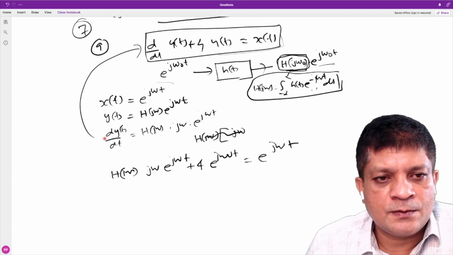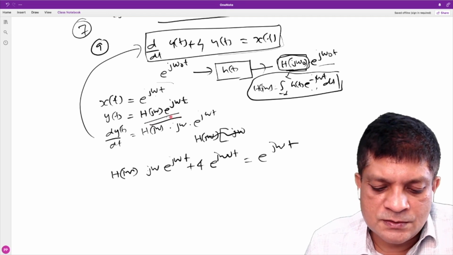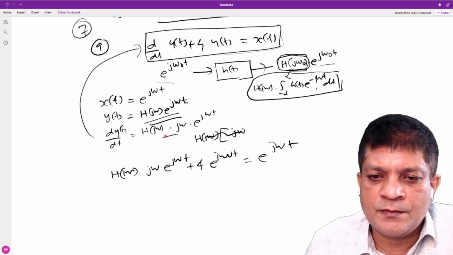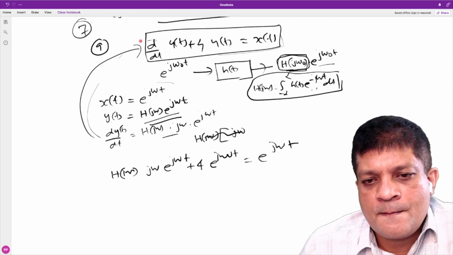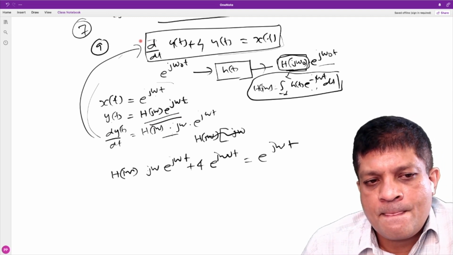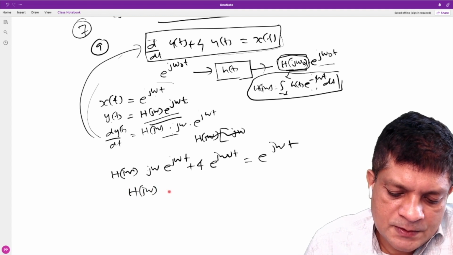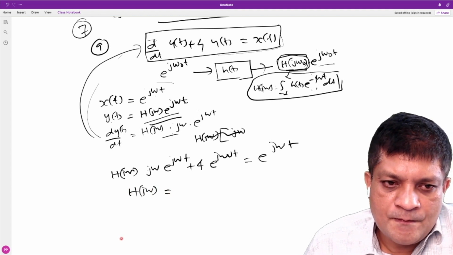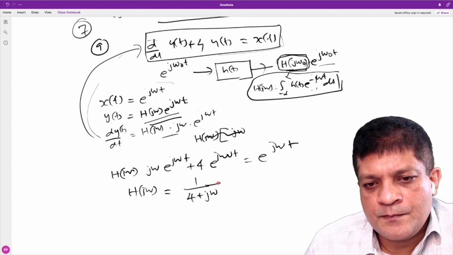x(t) and y(t) we know. If x(t) is e to the power j omega t, this is y(t) and this is the derivative of y(t). I am putting these values in this differential equation. Now can we find H(j omega) from this?